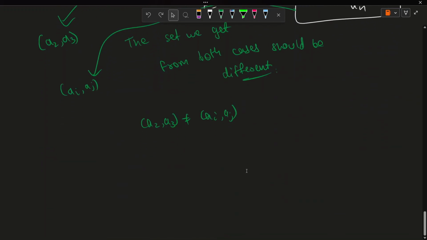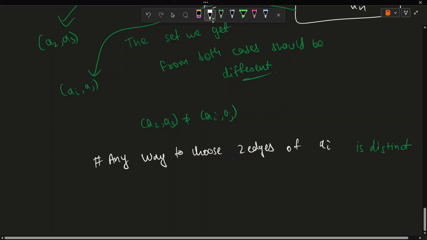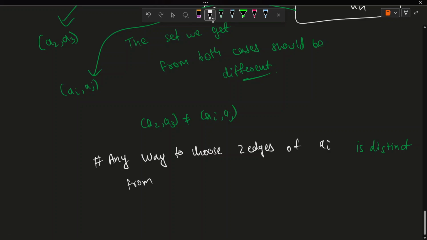I will make a statement: choosing two edges of a vertex AI is distinct from choosing two edges of another vertex AJ.